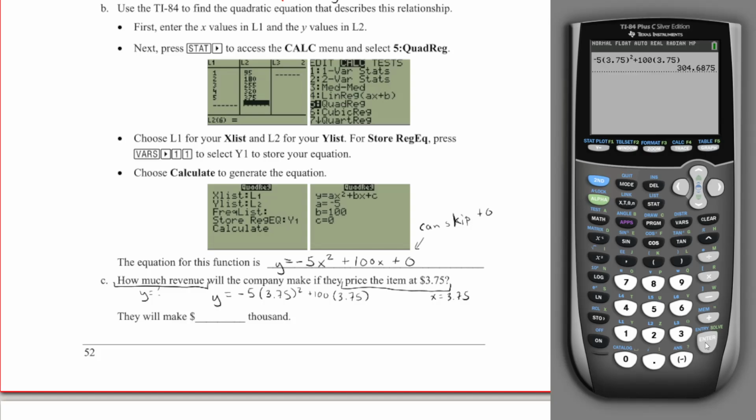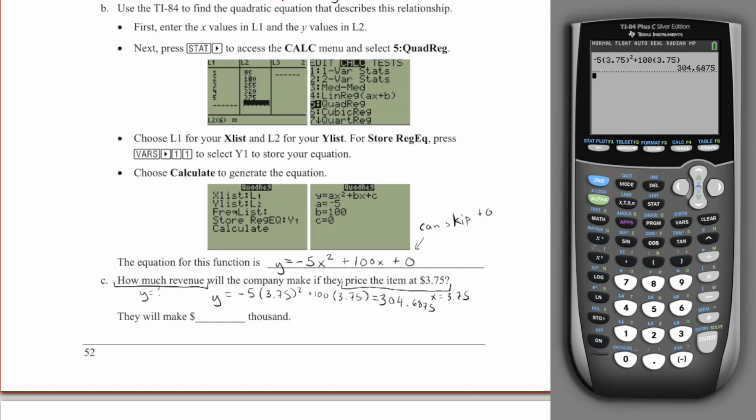And we get some awful decimal. I'm going to round it to a couple decimal places. Notice we're not talking about dollars, we're talking about thousands of dollars. So we could carry more than 2 decimal places, but for the sake of fitting in the blank, I'll write down the exact value here. 304.6875.